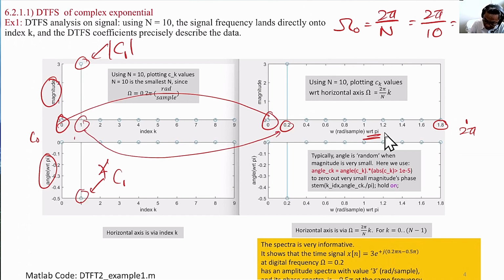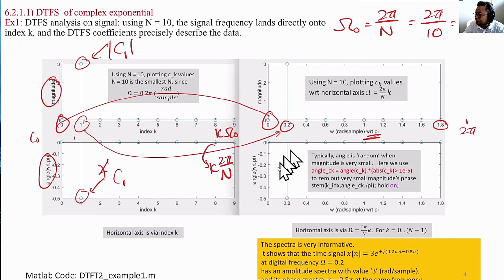All we are saying is that the horizontal axis is nothing but k times omega naught, or k times 2 pi over N. Okay, so the horizontal axis is written as k, but it's actually reflecting the real frequency as k times 2 pi over N along here.